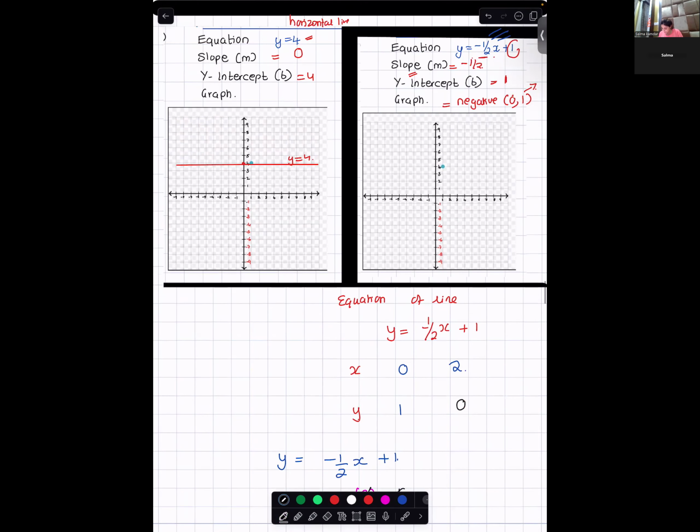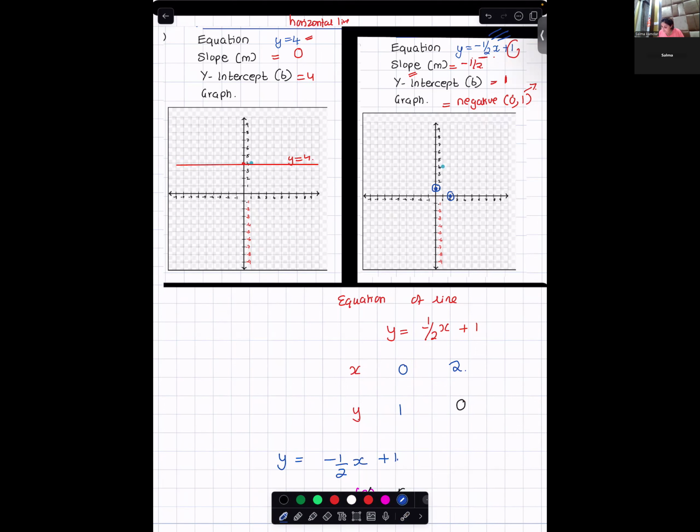So to plot this, x is 0, y is 1. This will be my first point. And when x is 2, y is 0.